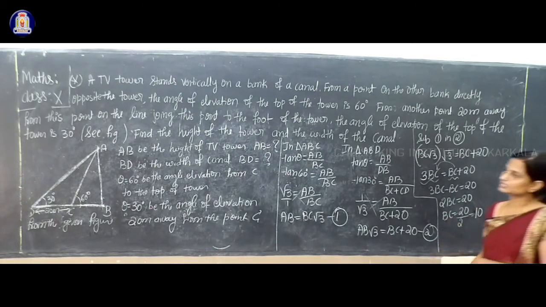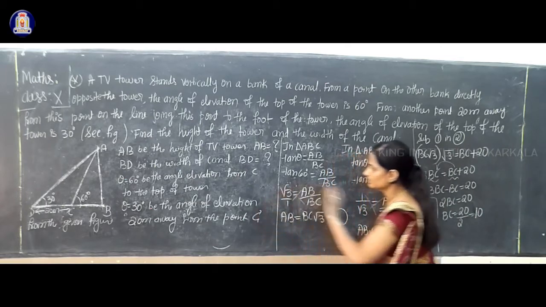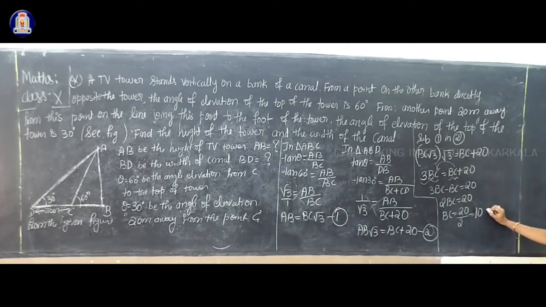The unit is not given, so let it be as it is. BC is equal to 10 units. Meter or centimeter, generally we write it as units.